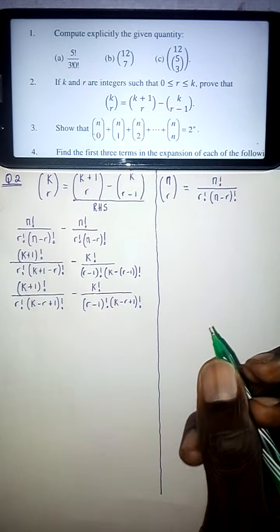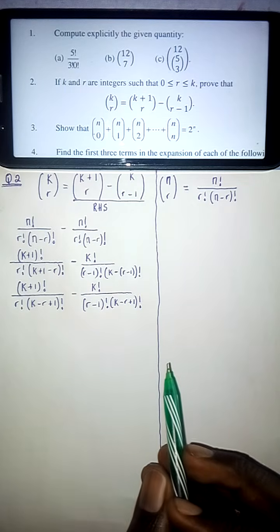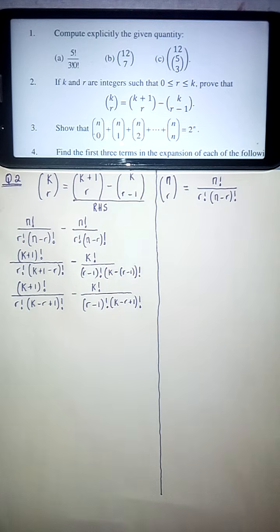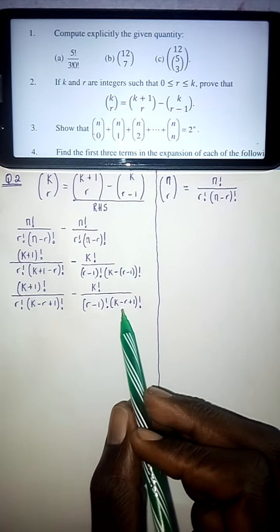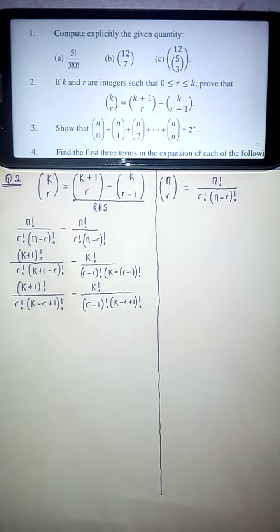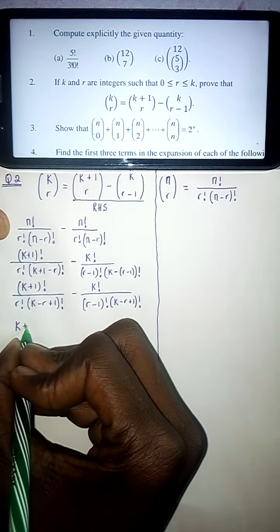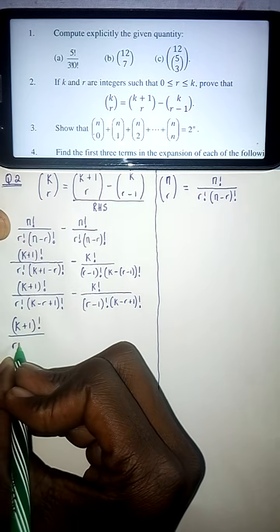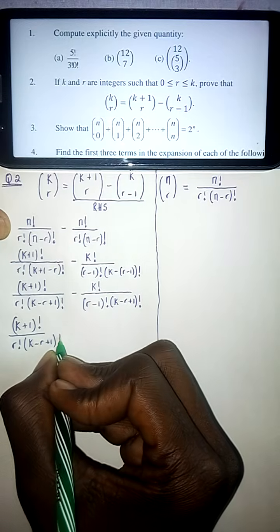Yes guys. All right, then we want this thing to be similar with this one, right? So in this case, we are simply going to multiply this entire part, the numerator and the denominator, with r. When we multiply this side with r, this part will remain as it is. So we have r, so here we have this.